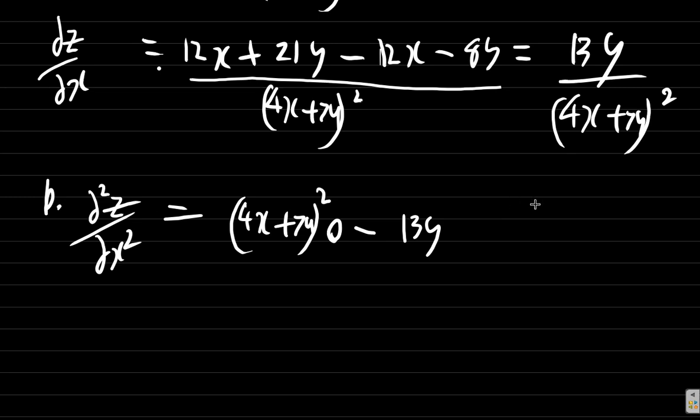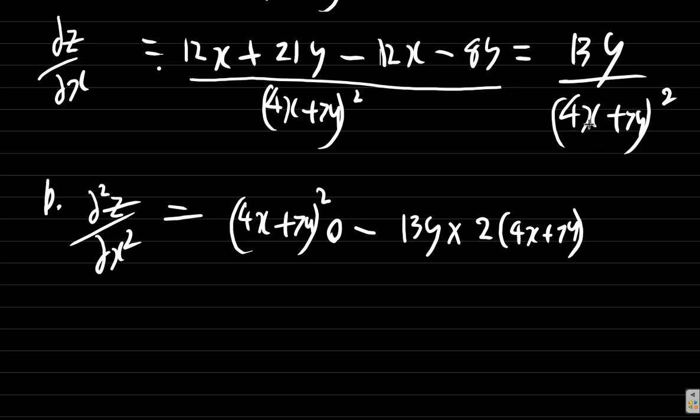Now the bottom is a function of a function, 4x plus 7y all squared. Remember the chain rule: 2 times (4x plus 7y) to the power of 2 minus 1. Differentiate the outside function, then the inside function.